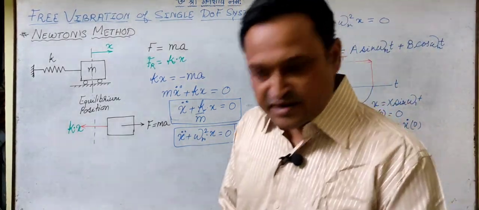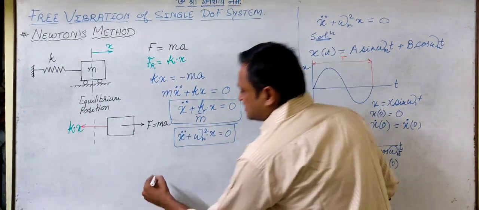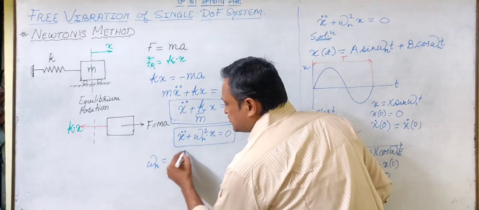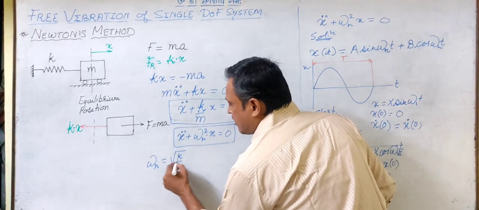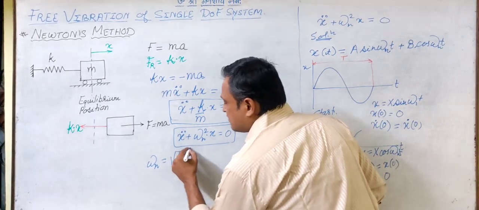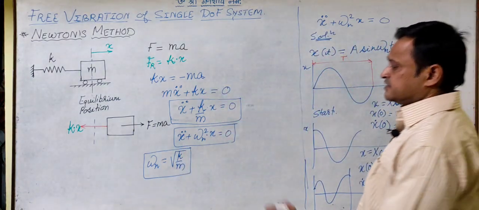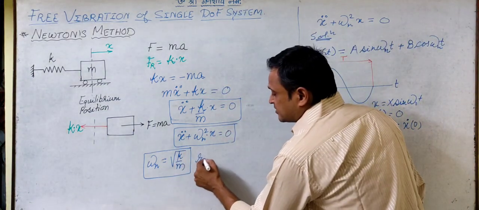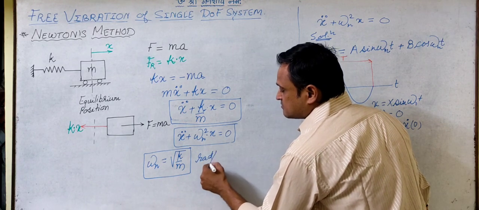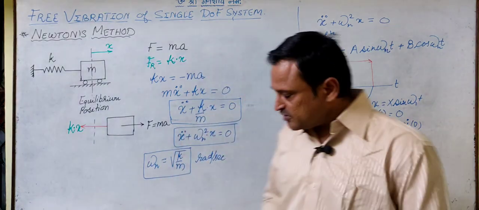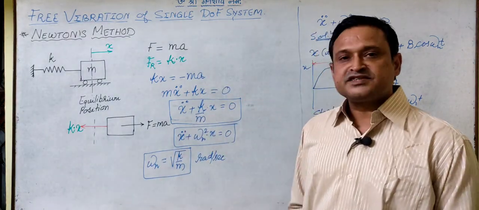So the angular frequency, we can say, omega n will be equal to under root of k by m, right? And this is in radians per second.